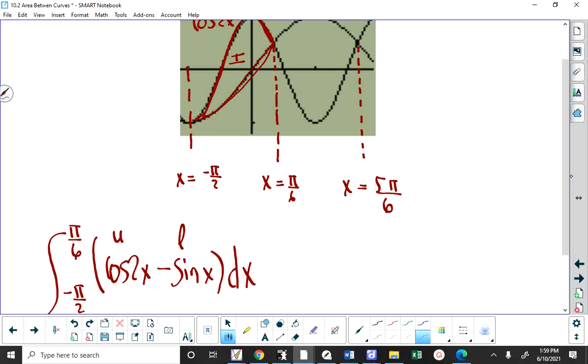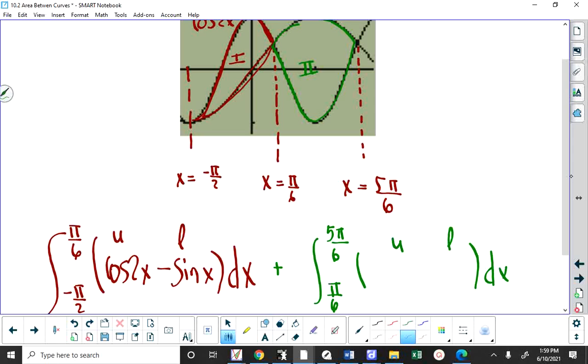When we take a look at this area, which also is an enclosed area by the functions, call it 2 if you like, it is an integral from pi over 6 to 5 pi over 6 of, we have to have upper minus lower.